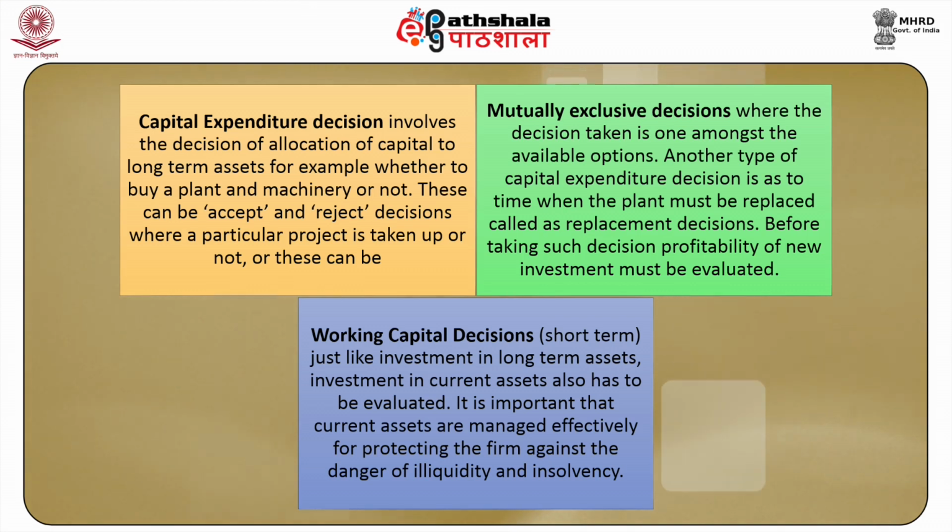Or these can be mutually exclusive decisions, where the decision taken is one amongst the available options. Another type of capital expenditure decision is as to the time when the plant must be replaced, called replacement decisions.